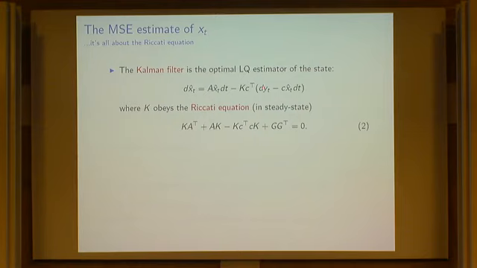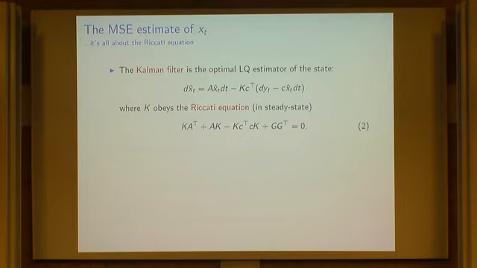So you can think of K here as giving you a gain between what you observe and what you think you should observe, right? So C X hat is what you think you should observe, because we're supposed to observe Cx. So you take this difference, which is called an innovation process, and this will drive the system here, and that gives you the best estimate X hat.